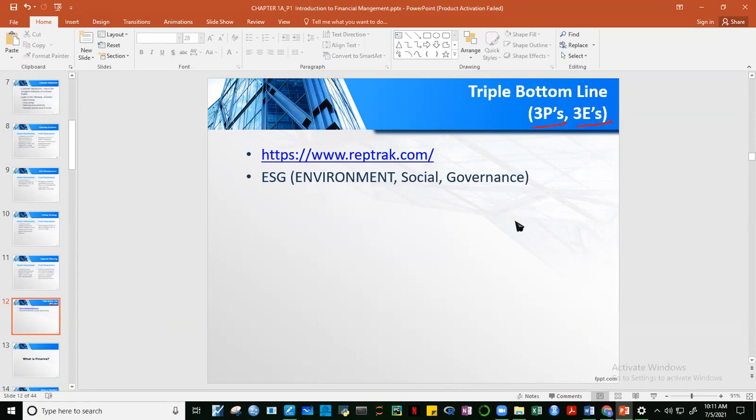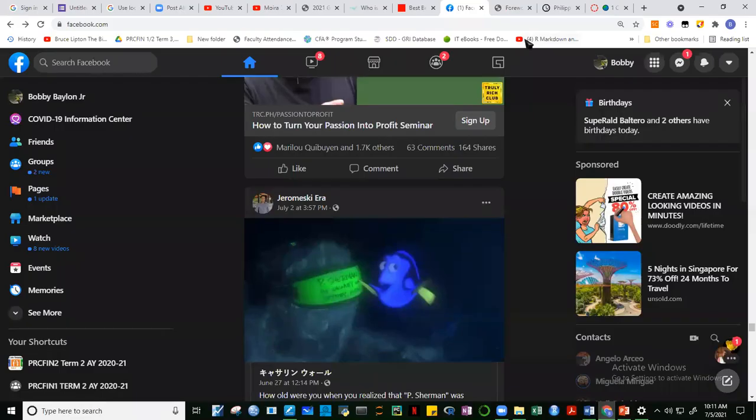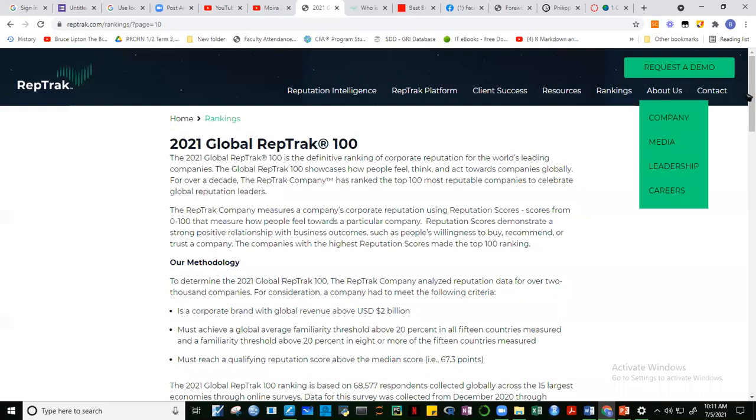That when you assess a firm, hindi lang dapat tinitingnan yung profitability. Dapat tinitingnan din yung impact niya sa environment, tapos sa social, at saka yung governance, how it manages the company itself. No? So tingnan natin, guys, can you look at RepTrack, guys?